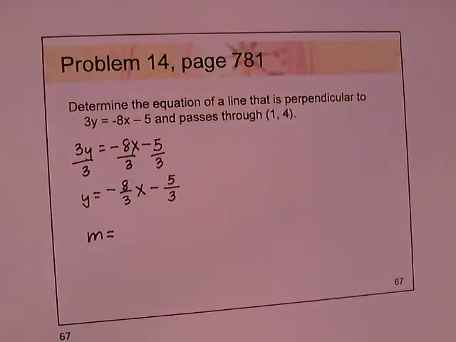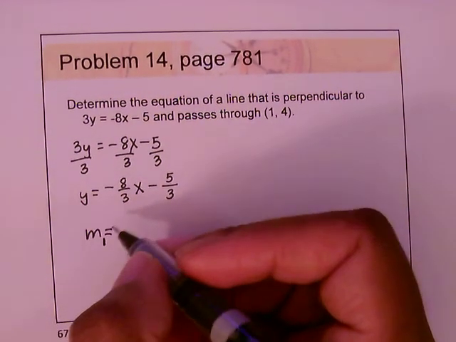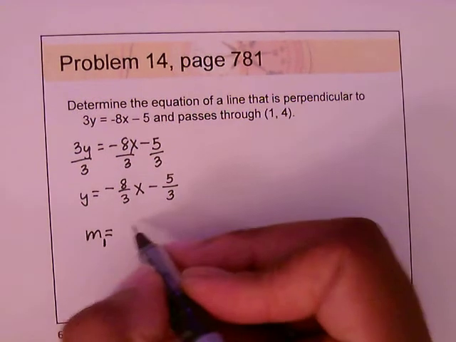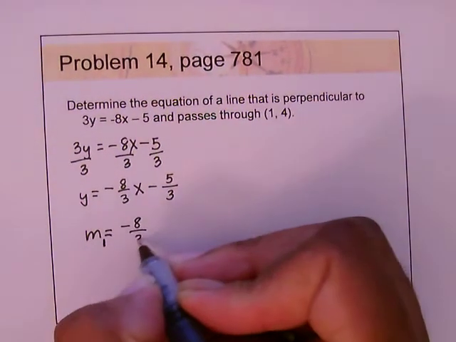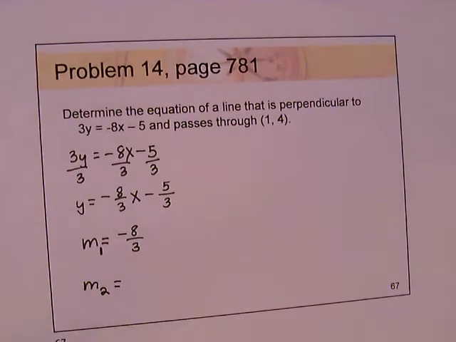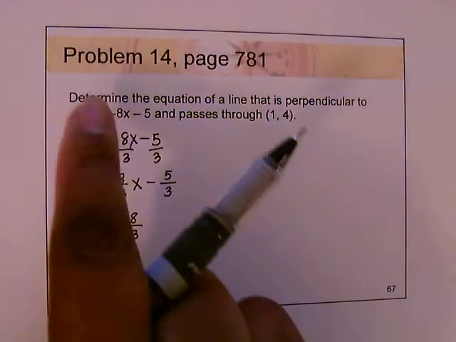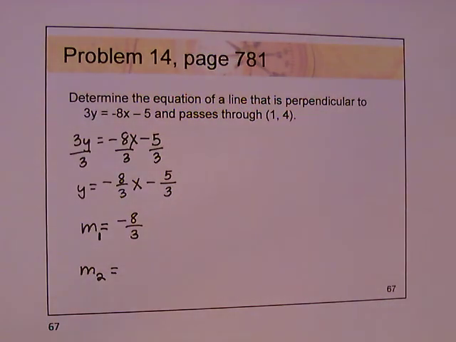And from that, I'm just going to identify the slope. I'm going to call this m sub 1, which is, of course, -8/3. The m2 is going to be the slope that is perpendicular to this line. This is where we take the negative reciprocal to find that other slope. The slope of the first line is -8/3.